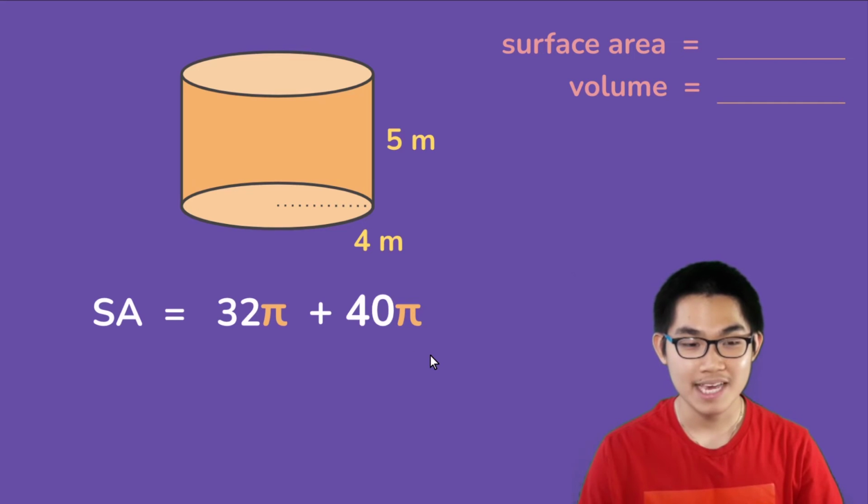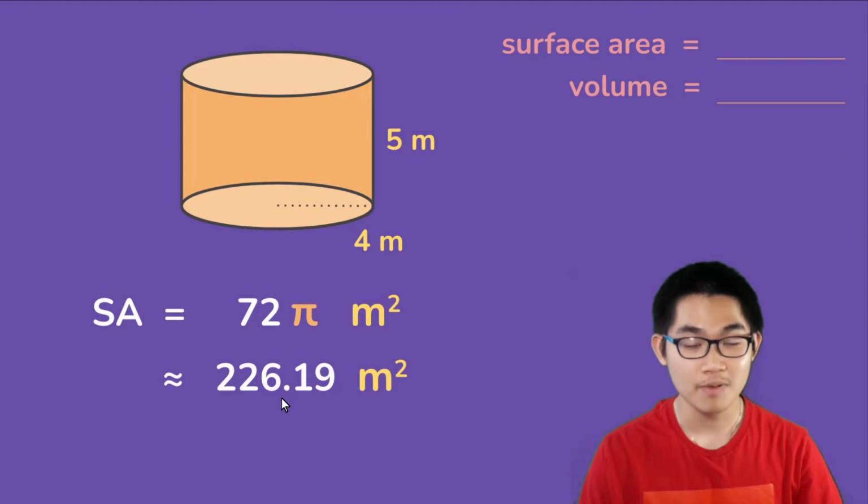The last step is you take 32 pi plus 40 pi, which is 72 pi. This is equal to approximately 226.19 meters to the power of 2. And so the surface area is approximately 226.19 meters squared.